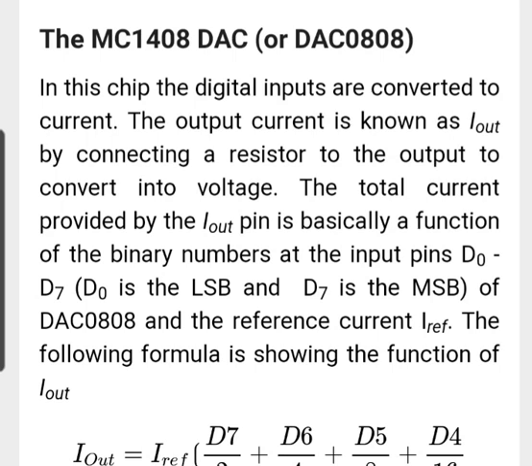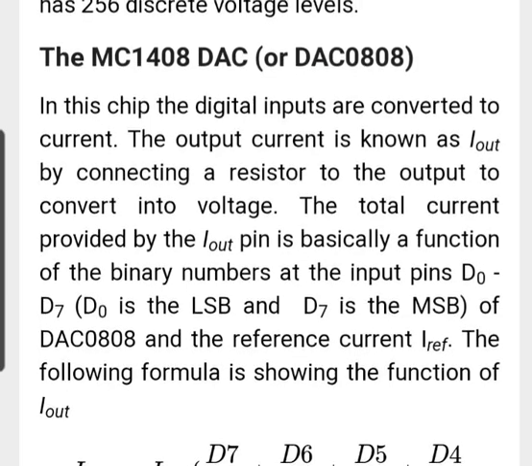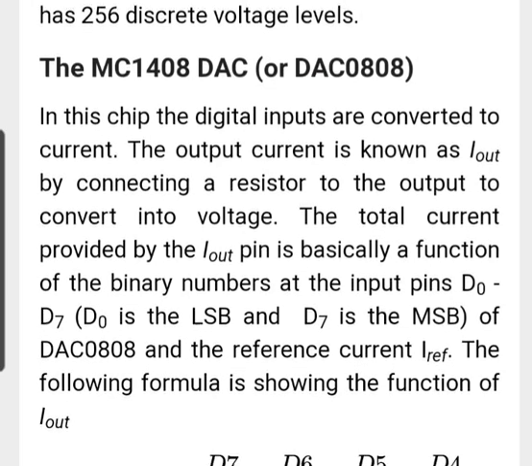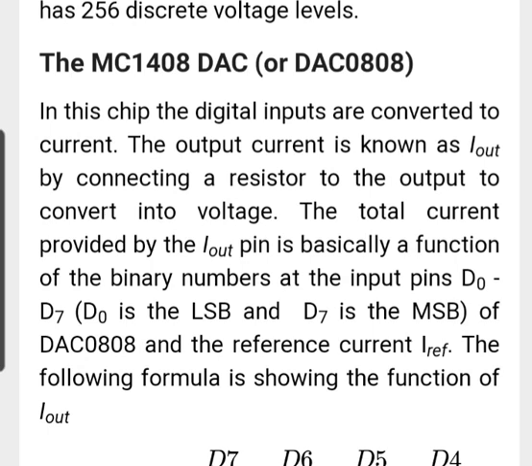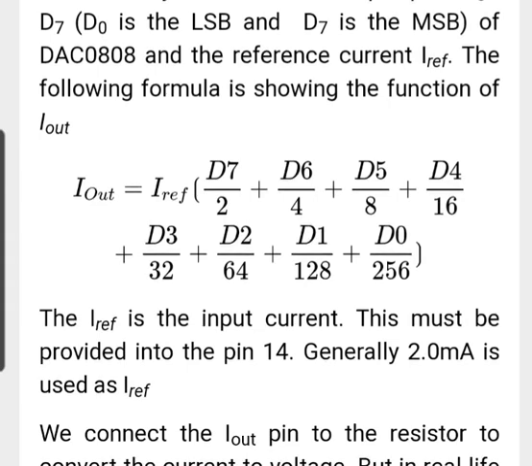Here is a formula which shows I out as a function of these inputs.